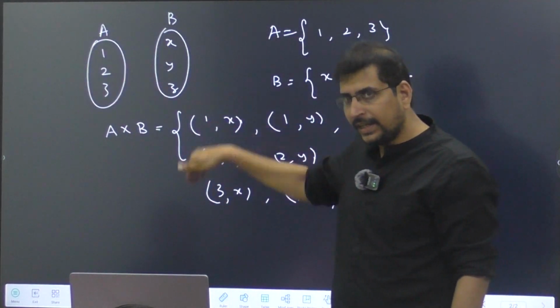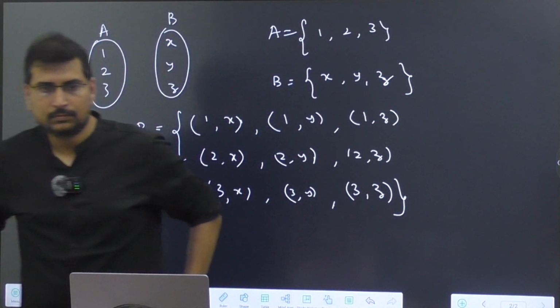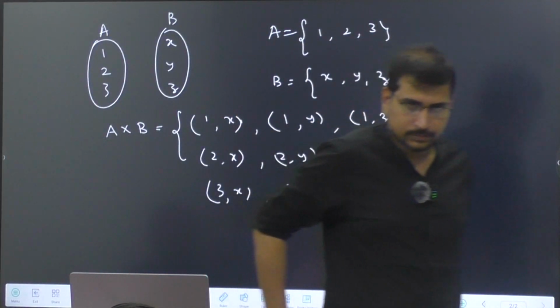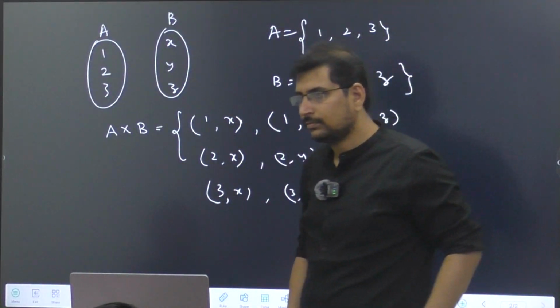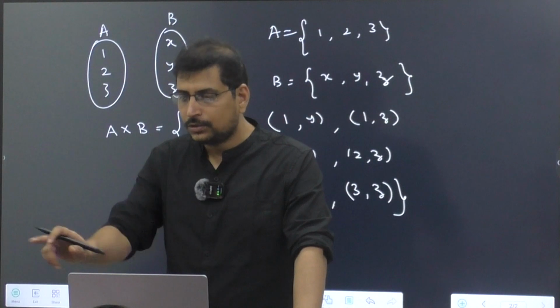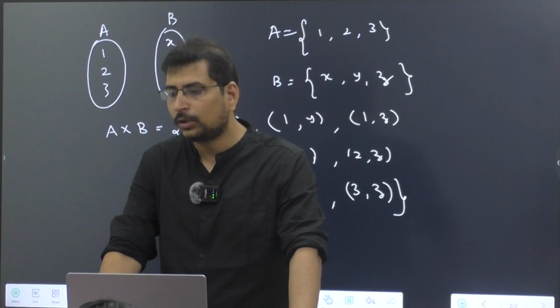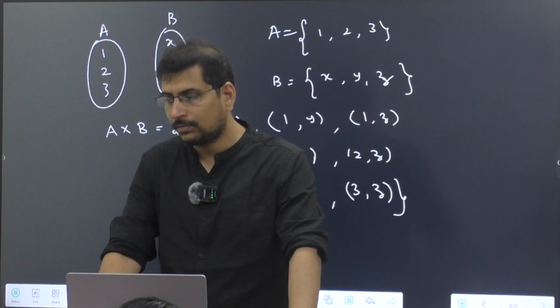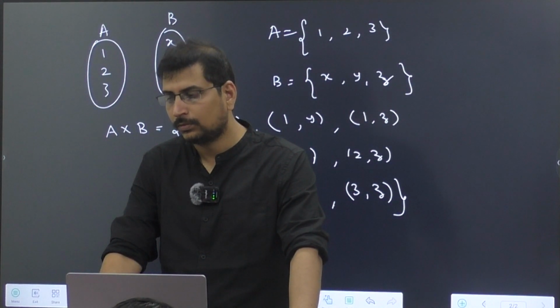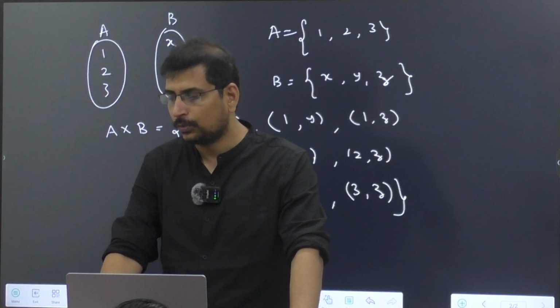Can I say this A cross B itself is a relation? Check your textbook. Those who have your textbook, can you read the statement of what is a relation? Unfortunately, they would have started with types of relation, but you need to know.